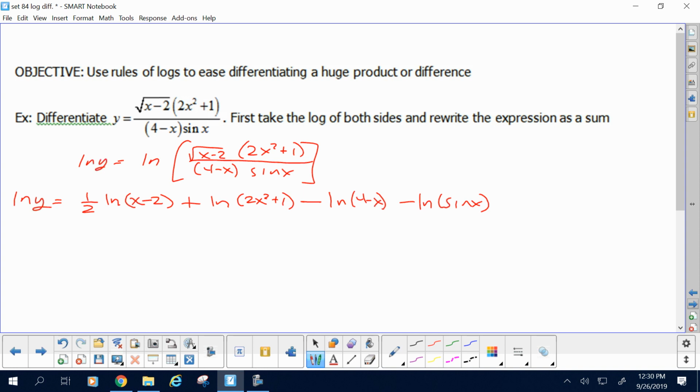Now I've blown up that big expression into lots of little manageable expressions.